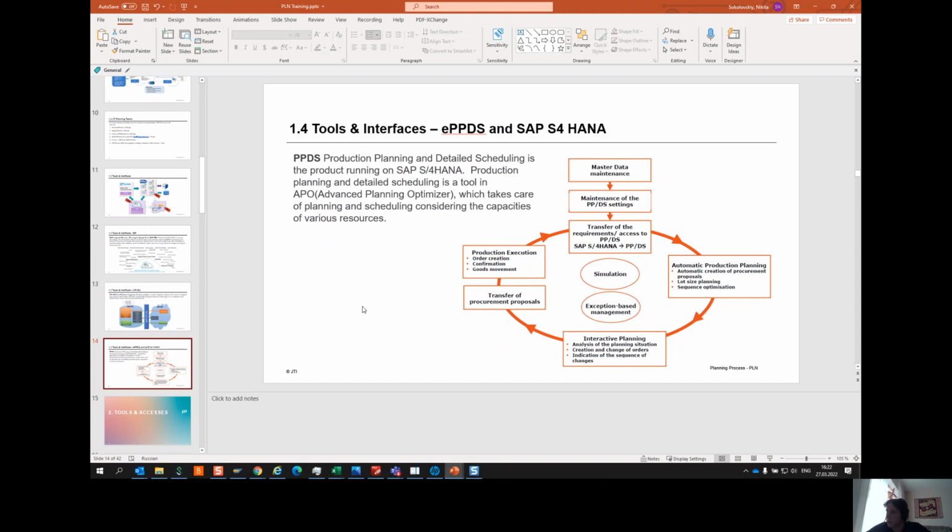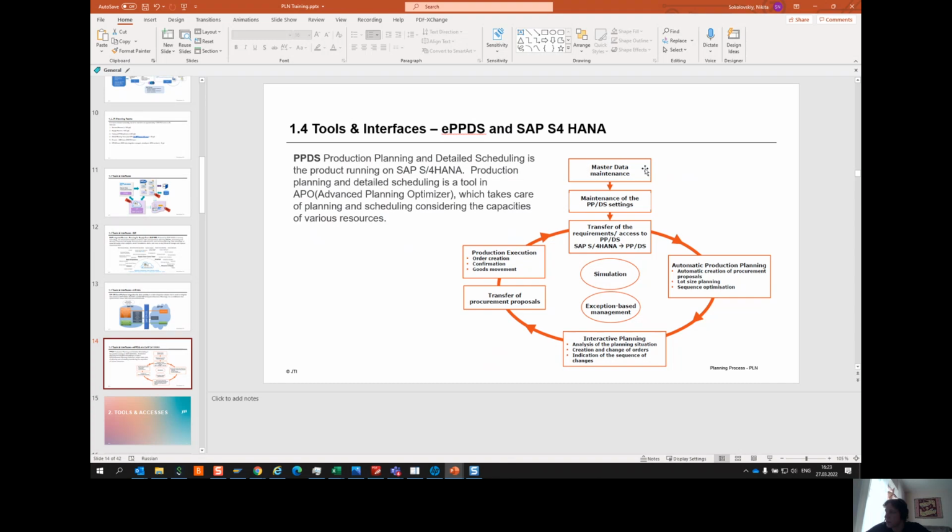PPDS is located inside P40, or Q40 if we're talking about quality, but for production our system is P40. It is like a separate set of data, which also gets synchronized with the outer part of P40.